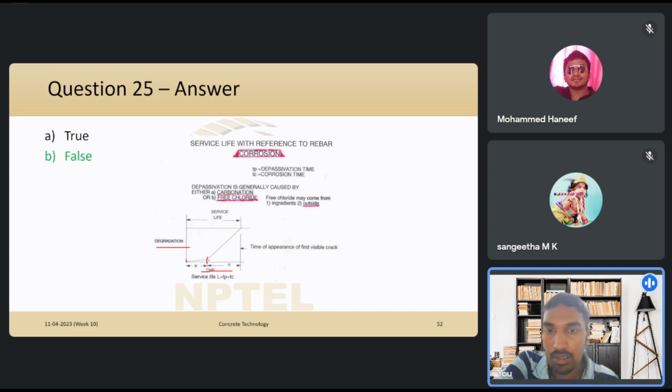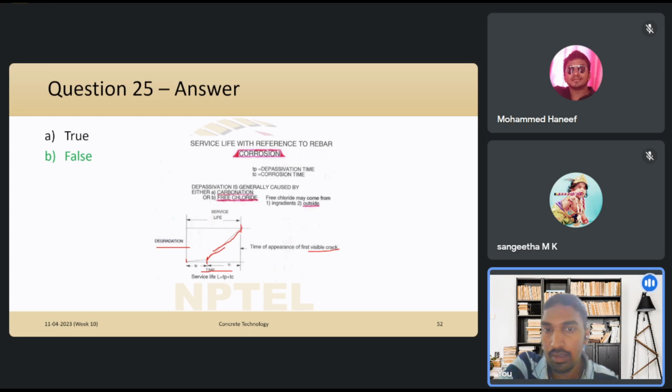Once that is totally gone, you will see corrosion occurring, right? Because of this corrosion you'll have degradation, and at one point you will see cracks occurring, right? The point when it starts forming cracks is what we call the end of life, or the end of service life, right?